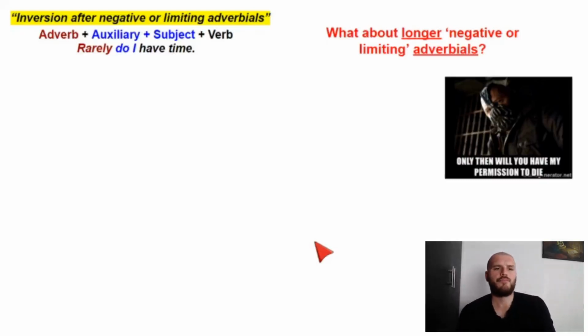Okay, so yeah, you can invert after a negative or limiting adverb, like rarely. But if you saw our class on adverbs and adverbials, you'll know there's a difference, right? An adverb normally is 1 or 2, maximum 2 words. An adverbial might be a longer phrase, okay?